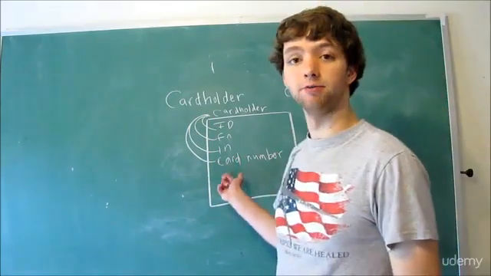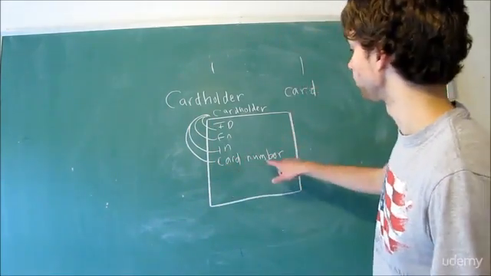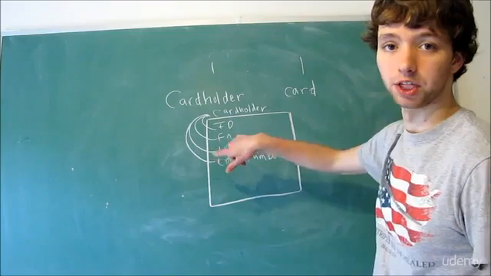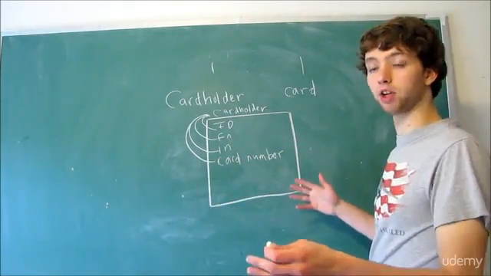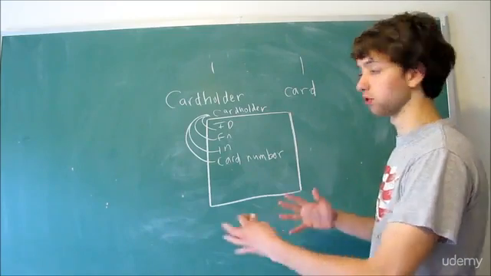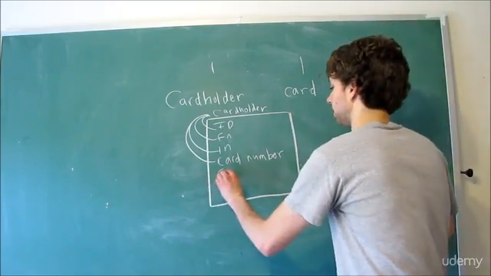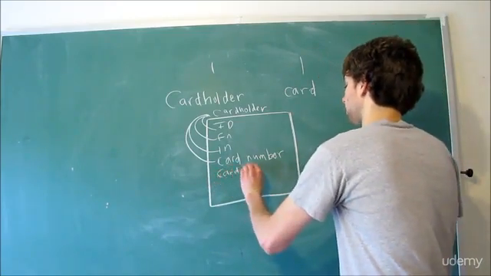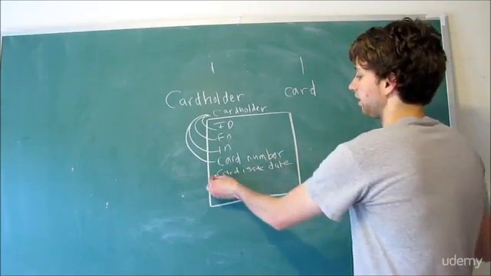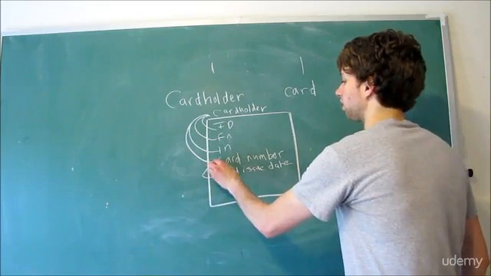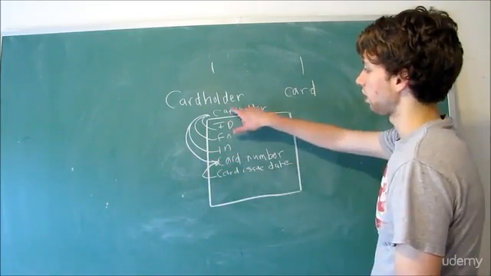Now, if we want to store more information about the card, such as the issue date when the card was given to the person, so we could say card issue date. Well, now we can see that this is relying on the card, not the card holder.